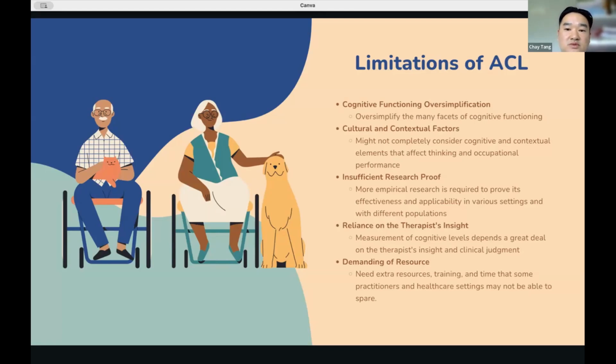Insufficient research proof: more empirical research is required to prove its effectiveness and applications in various settings with different populations. Reliance on the therapist's insight: measurement of cognitive levels depends a great deal on the therapist's insight and clinical judgment.